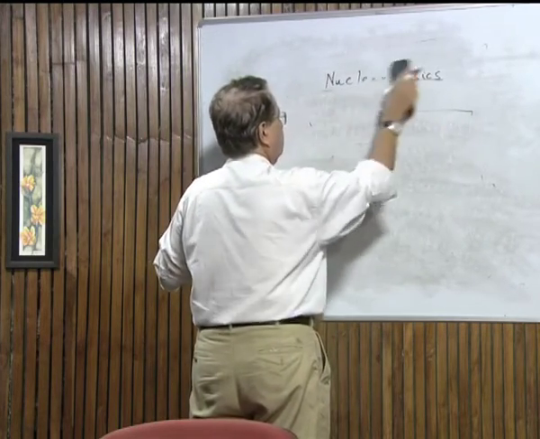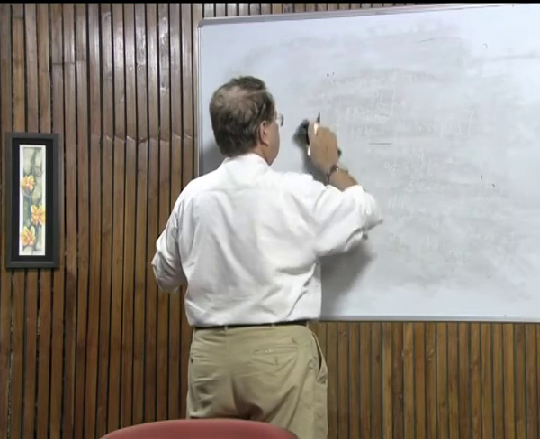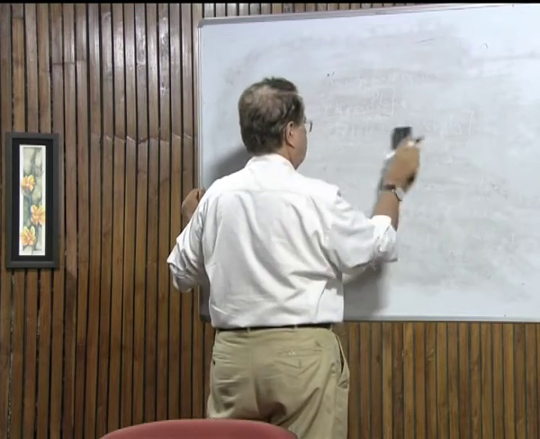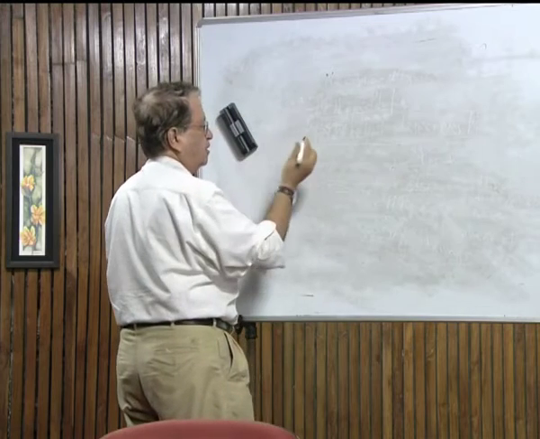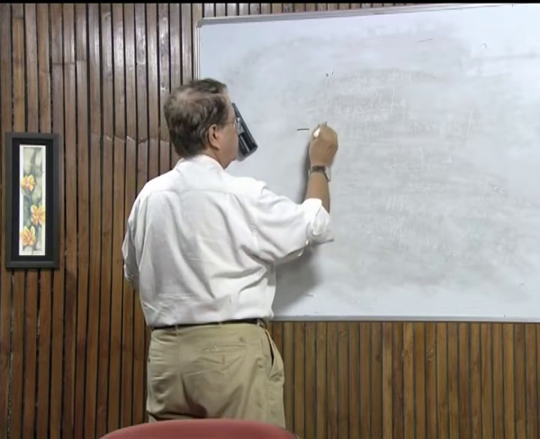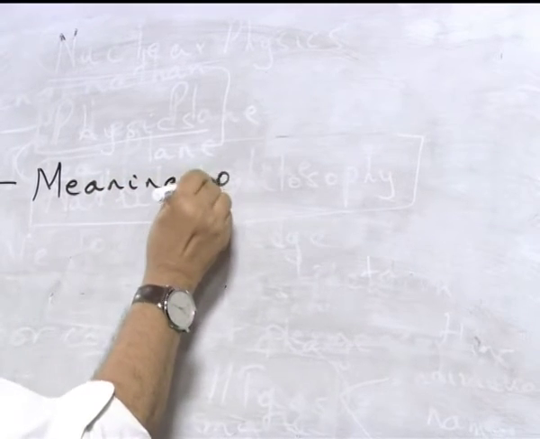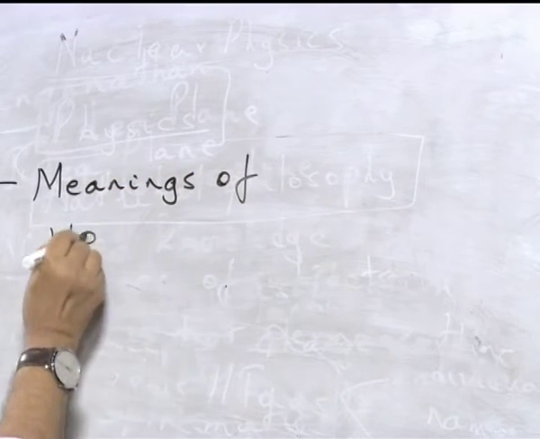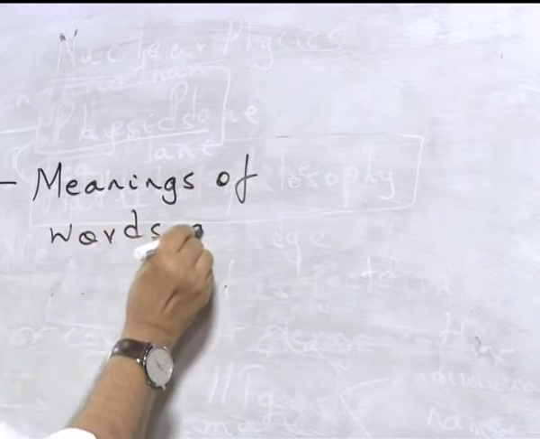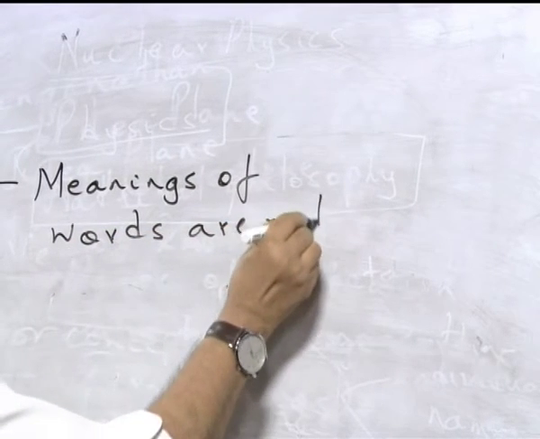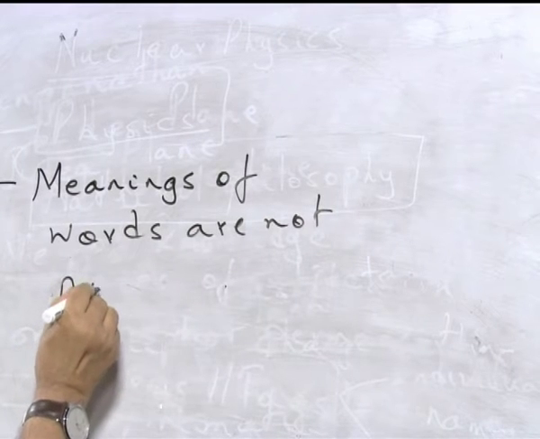Then another problem that we have in the field of words or in the field of languages is that the meanings of words are not precise. Meanings of words are not precise. What does that mean?